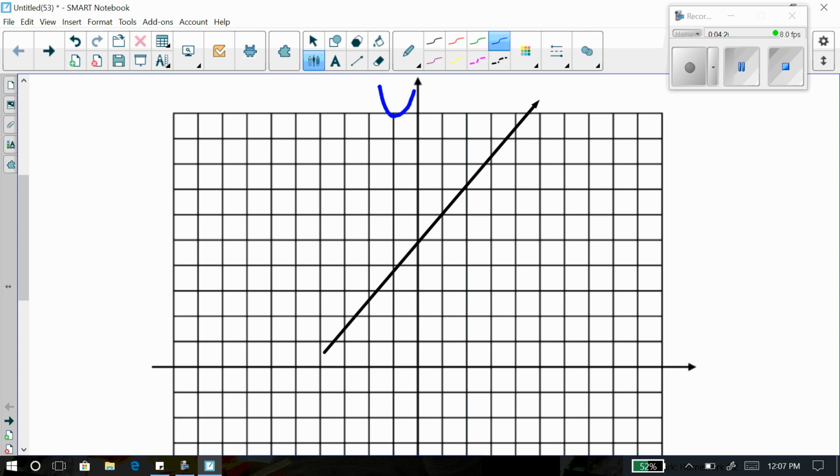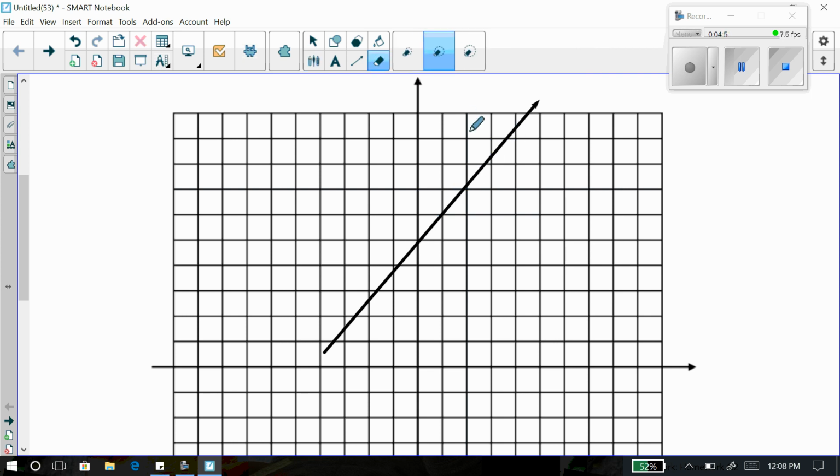And if you remember, this is your y-axis, right? So the y-intercept is where it hits the y-axis. It intercepts or hits right here. And then that's our starting point. And then we want to determine what our slope is, how much we're going up and over to get from point to point.